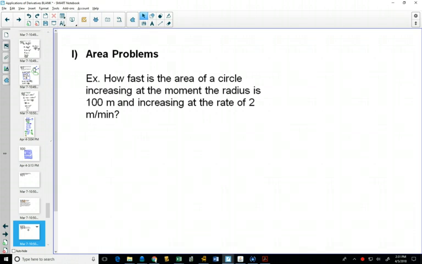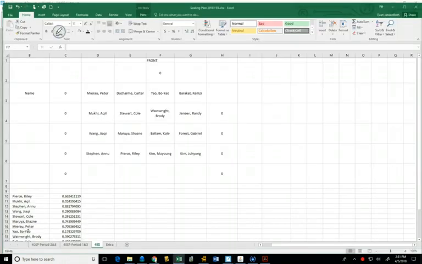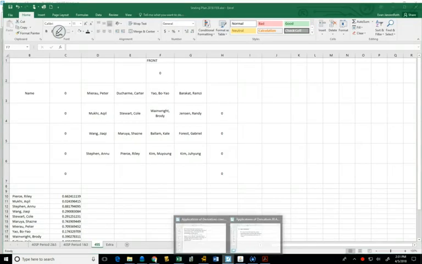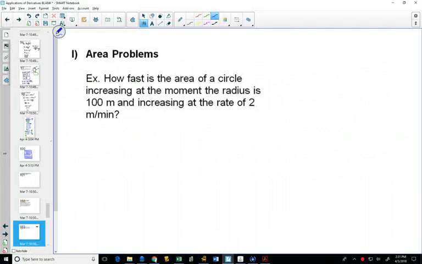So in order to get the setup for this question, the fact that the area is changing with respect to time and the radius is changing with respect to time means that both area and radius are functions of time.